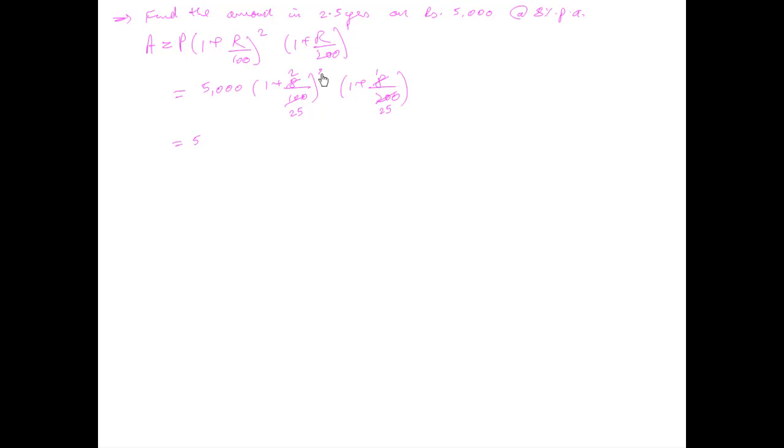That gives us children 5,000 times 27 by 25 times 27 by 25 times 26 by 25. Now children, this will go into this 200 times, this will go into this 8 times. You're left with 27 times 27, that's 27 squared, which is 729 times 26 times 32.